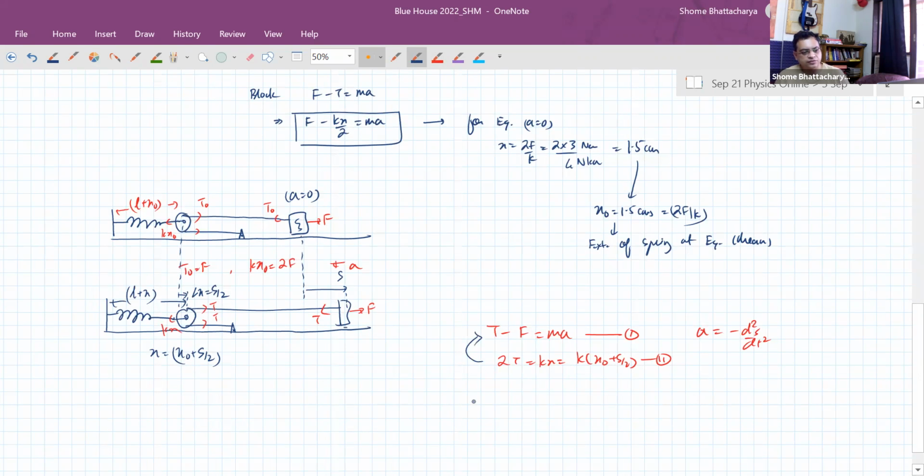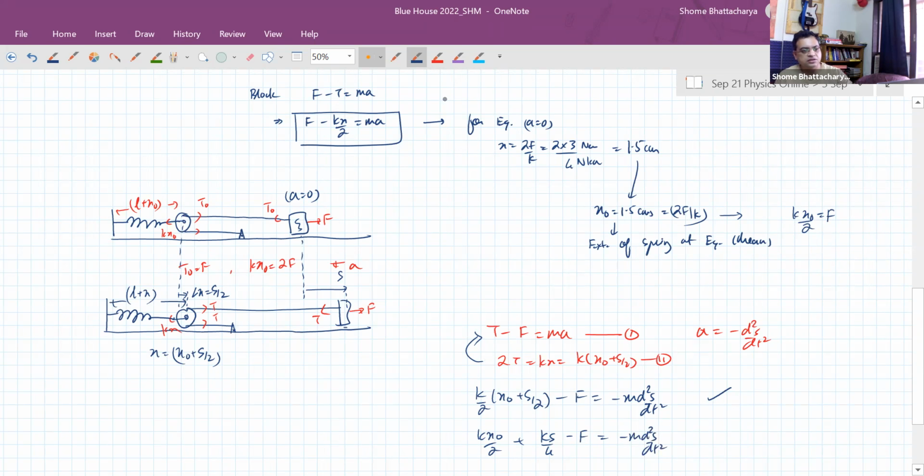Substituting this here, we have K by 2 into X naught plus S by 2 minus F is equal to minus M d2S by dt square. So this equation now has to be compared with this value, that kx naught by 2 is equal to F. So we have kx naught by 2 plus kS by 4 minus F is equal to minus m d2S by dt square.